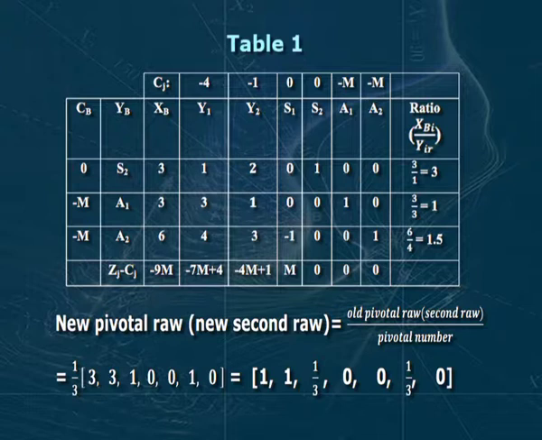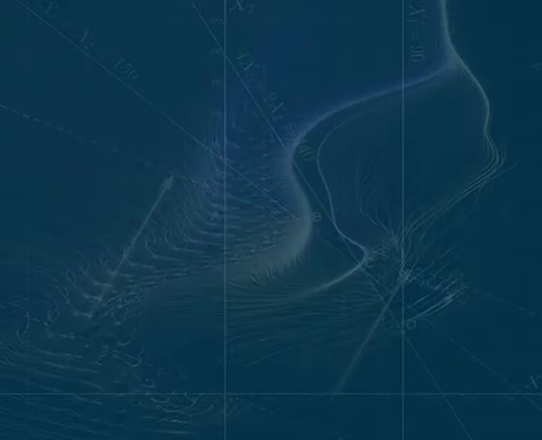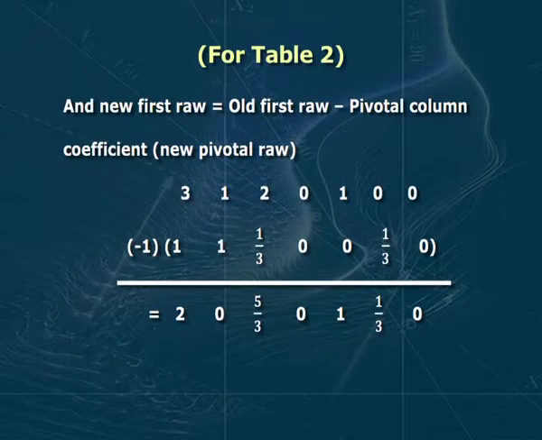Here the pivotal number is 3, so we divide by 3 the old pivotal row having elements 3, 3, 1, 0, 0, 1, 0. By simplification, we get the new pivotal row with elements 1, 1, 1 by 3, 0, 0, 1 by 3 and 0. And new first row equals old first row minus pivotal column coefficient into new pivotal row.